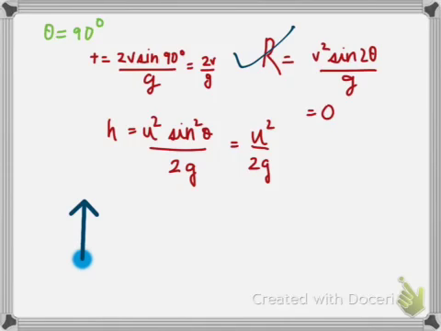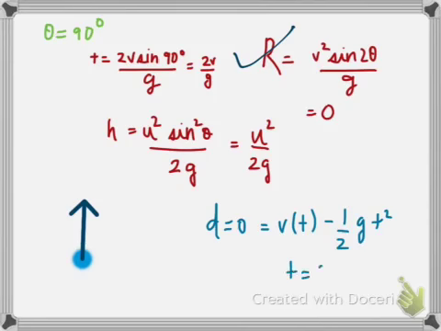Now d here is equal to 0. This implies that 0 is equal to ut, that is v into the time t, minus, because g is in the downward direction and we are taking the upward direction as positive, half g t square. From here we get t is equal to 2v by g, which is also given by the projectile formula.